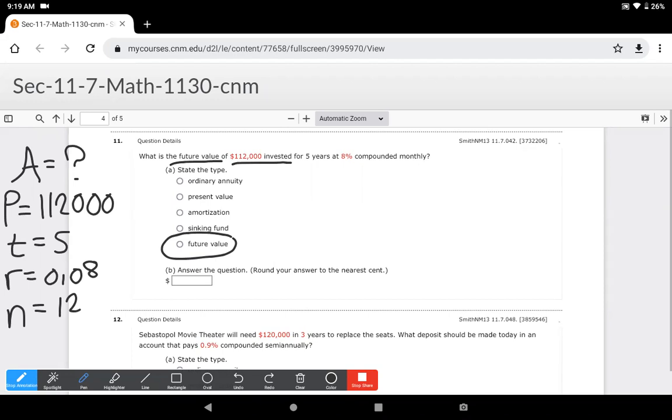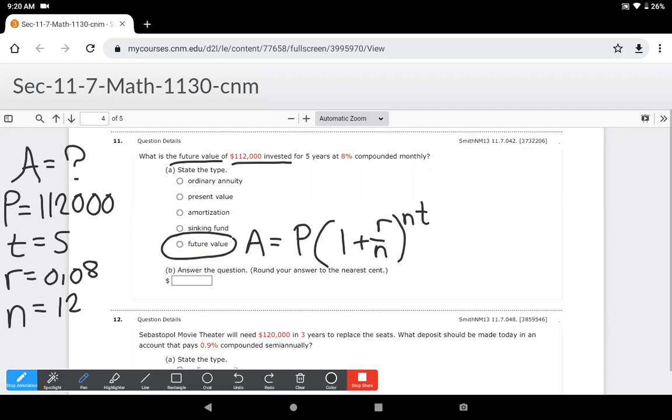There's only 2 formulas where they ask us for A, and one has M, the other has P, right? So we use the one with P, which again, just to double check, is the future value formula. So A equals P times 1 plus R over N raised to the NT.